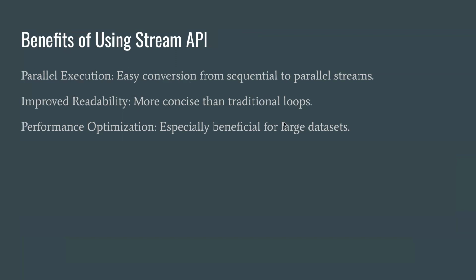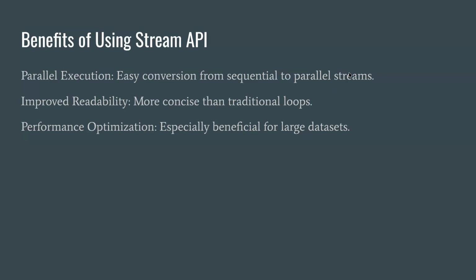Benefits of using Stream API. You might be wondering why we need to use Stream API. The first reason is that Stream API simplifies parallel operations. You can convert a sequential stream to a parallel one simply by changing the stream method to parallelStream.